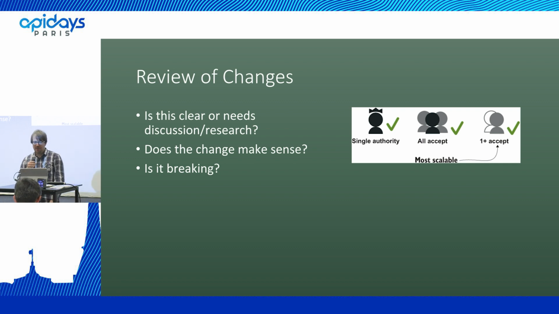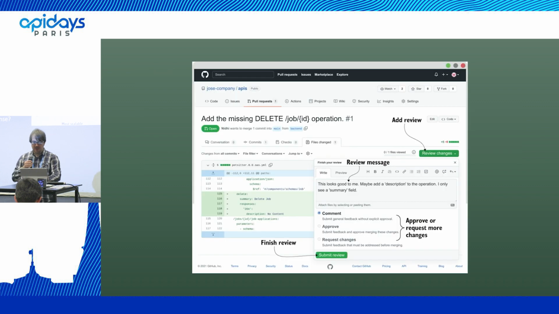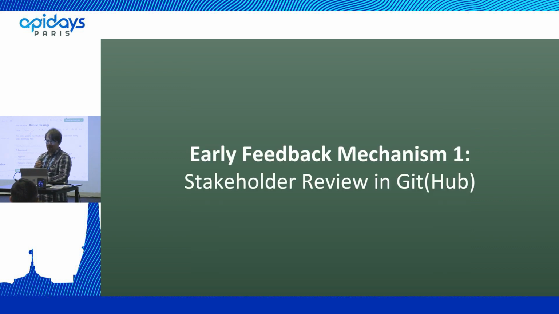So maybe a good approach is that one or two people need to accept this, and then we can merge it into our main branch, and then this is basically the consensus that, okay, we want to change our API design. And when you merge something on GitHub, you can see the OpenAPI design, and you see, okay, this is how our design has changed, and then you can add a review, you can have comments, you can communicate about this.